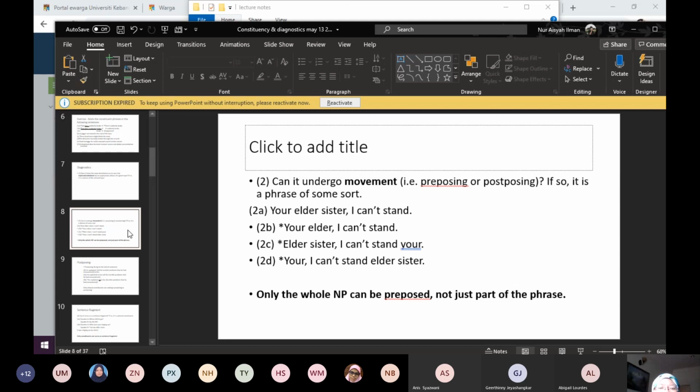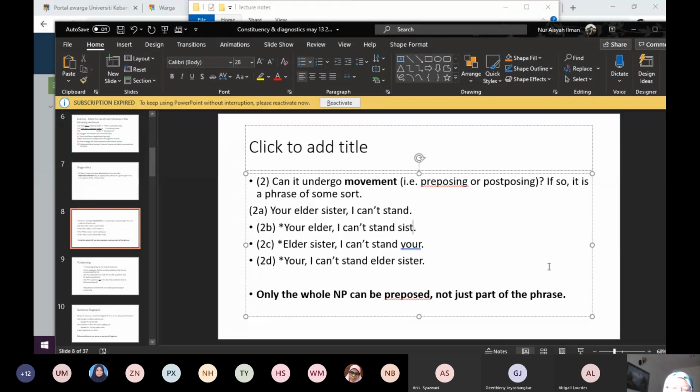This one should be your elder I can't stand sister. Sebab sister tu left behind kan. Lepas tu elder sister, I can't stand your. Betul.